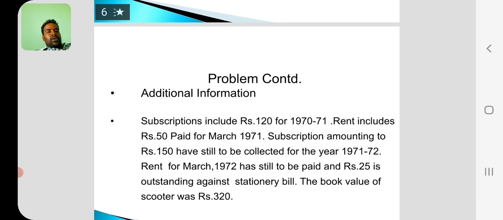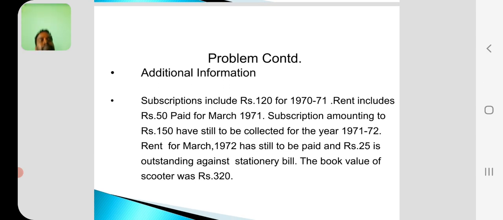Okay, some adjustments are there. Subscriptions include 120 for 1970-71. Rent includes rupees 50 paid for March 1971.